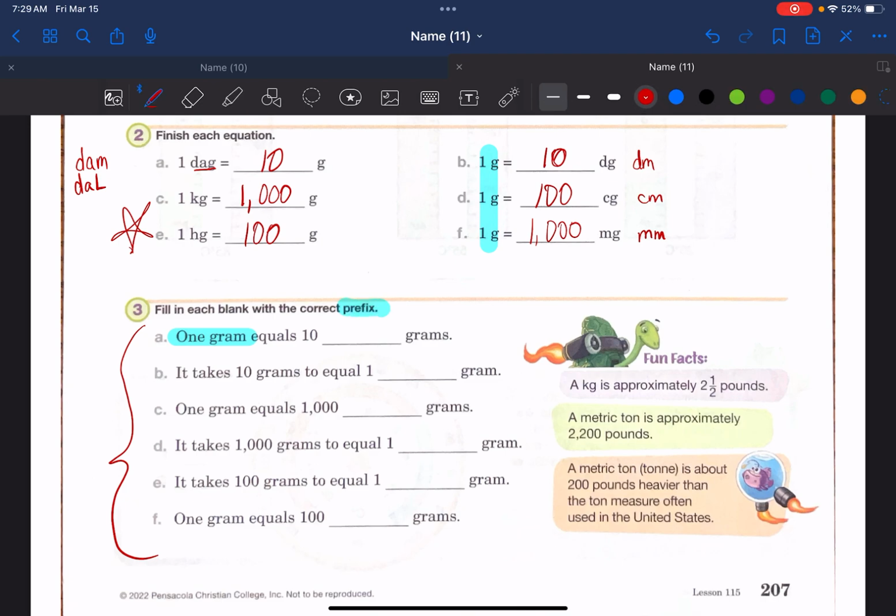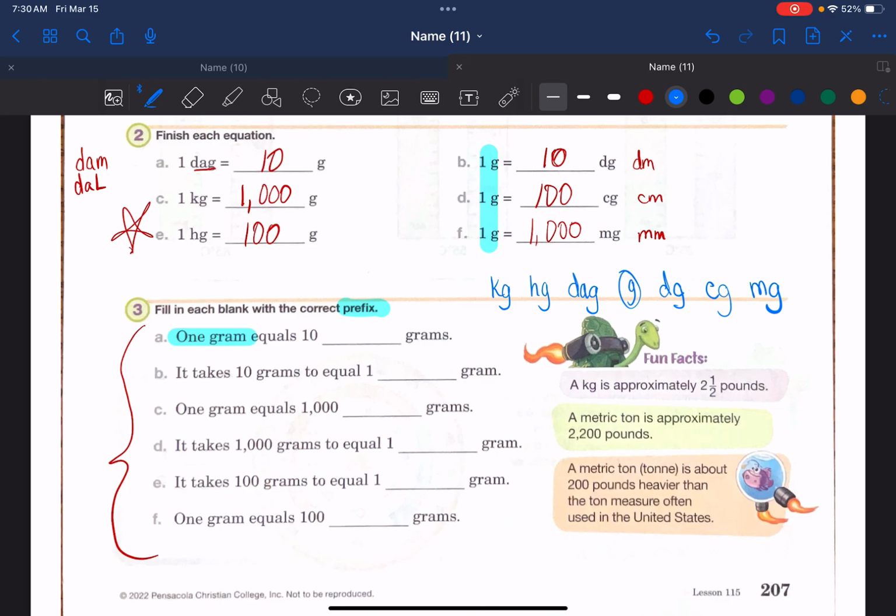So prefix means you're either going to do a kilogram, a hectogram, a decagram. Then gram is our middle one, so you're not going to do that one. Then a decigram, a centigram, and finally a milligram.